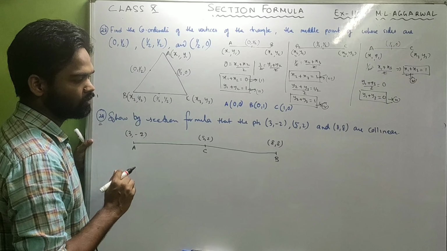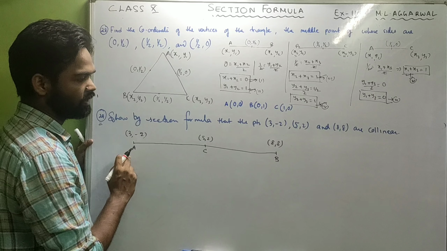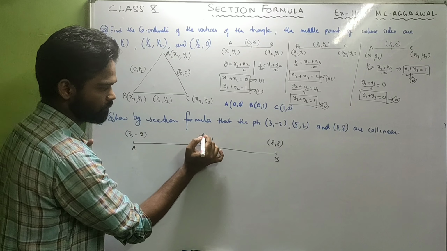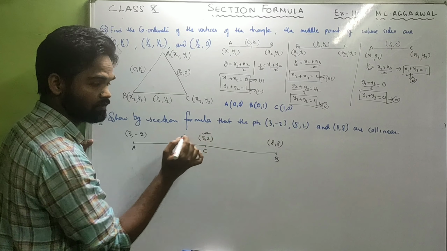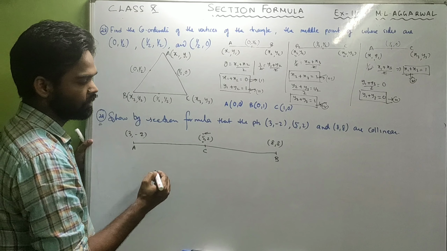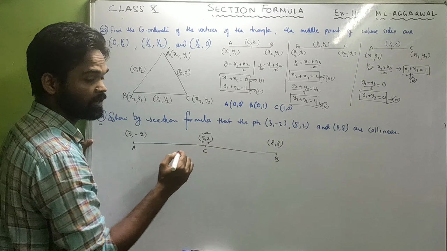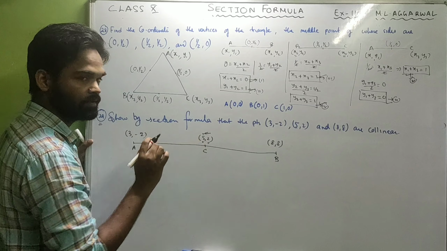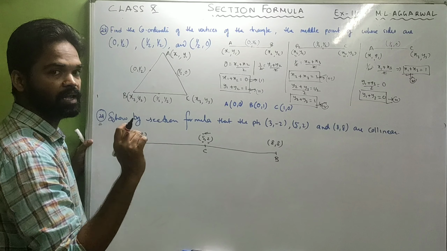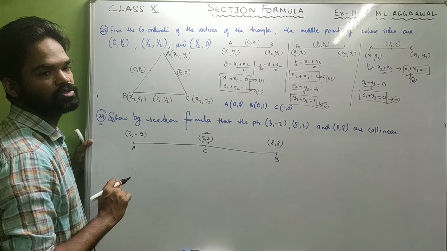Now how to do this sum? If A, B and C lie on the same line, then if I find the ratio with respect to the value of x and then I find the ratio with respect to the value of y, if they both come the same, then A, B and C lie on the same straight line.